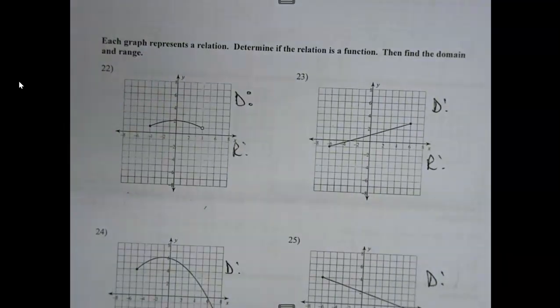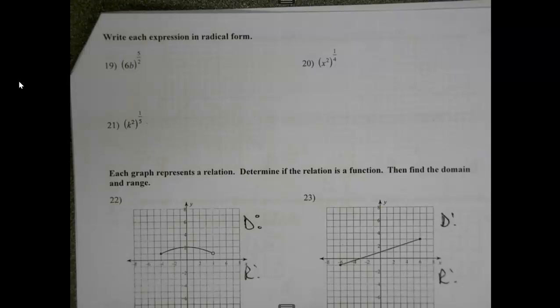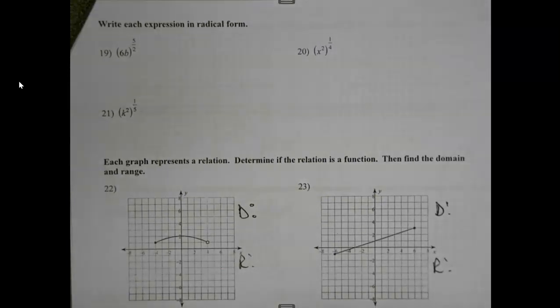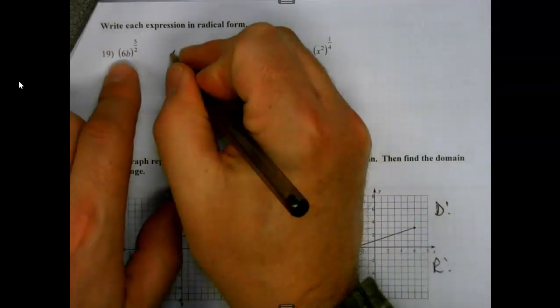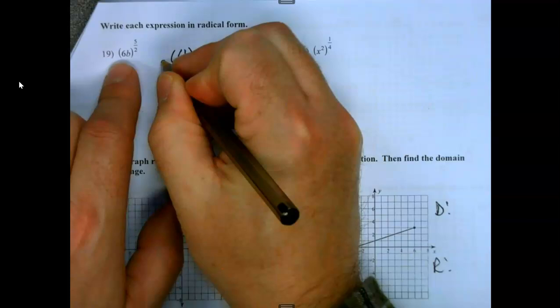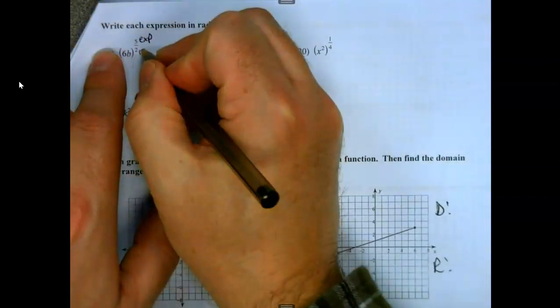And when we go to radical form, it's the same idea. If there's something there besides your variable. Okay. It says radical form, so I guess I got to have a radical somewhere. The top number is still my exponent.